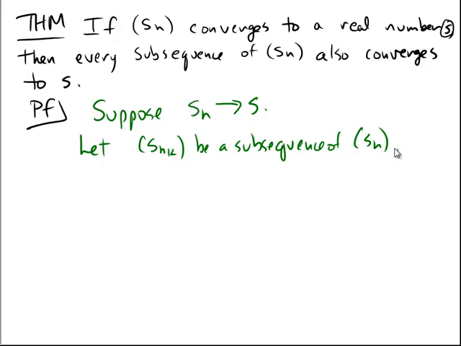Okay, now we want to show a convergence statement, so recall our definition of convergence. Now we're going to let epsilon greater than 0 be given. We're going to have to choose a capital N, so let's look at it this way.